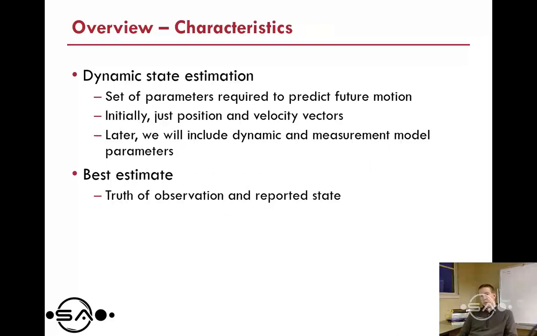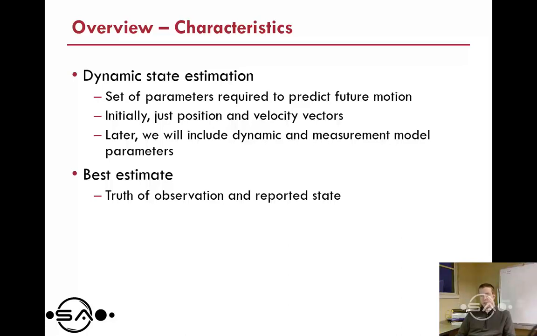So for orbit determination, or state estimation, in order to predict where something will be, we have to have a set of parameters that will allow us to predict its future motion. The minimal set of parameters that allow us to do that are the position and velocity vectors at some epoch, time t.